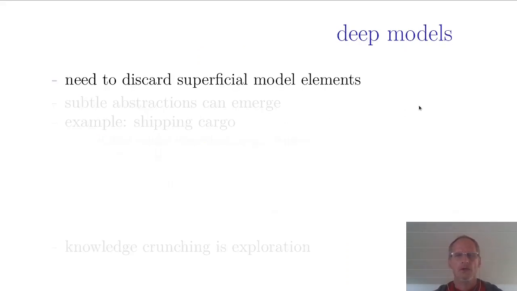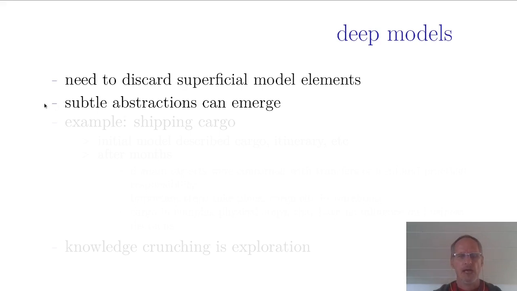We want to arrive at deep models. We want to eventually have a deep model. In order to get to a deep model, we need to discard superficial model elements, those model elements that do not contribute to a deep understanding of the domain.